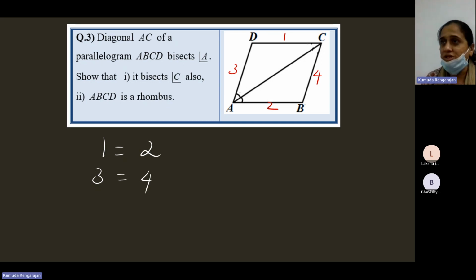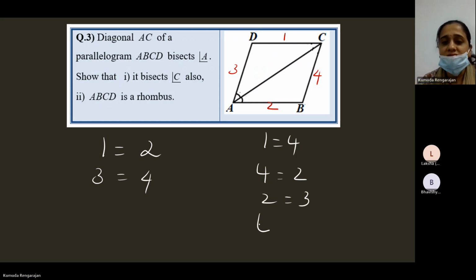Now, in this situation, if you prove any one pair of adjacent sides are equal, which are the adjacent sides? Side 1, side 4; side 4, side 2; side 2, side 3; side 3, side 1. You prove any one of these 4. Not all, any one you prove.